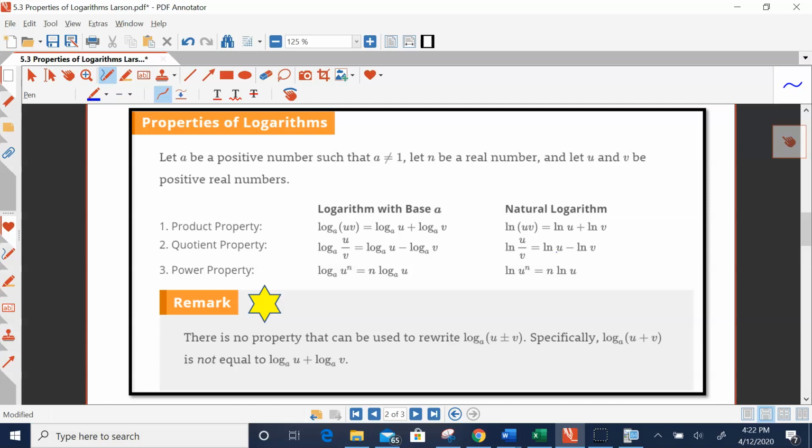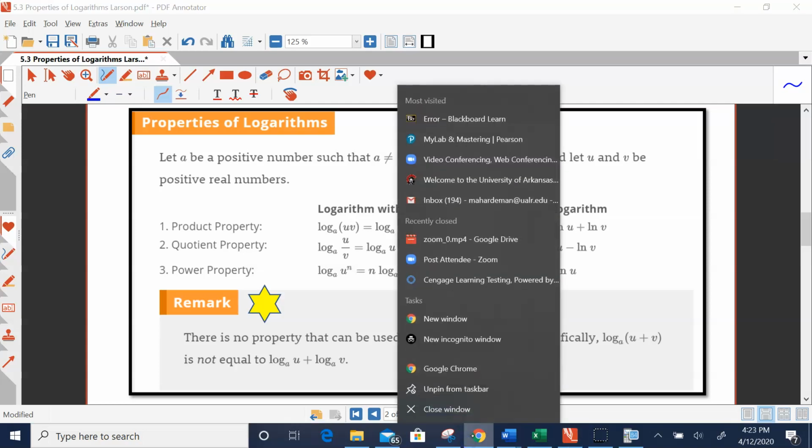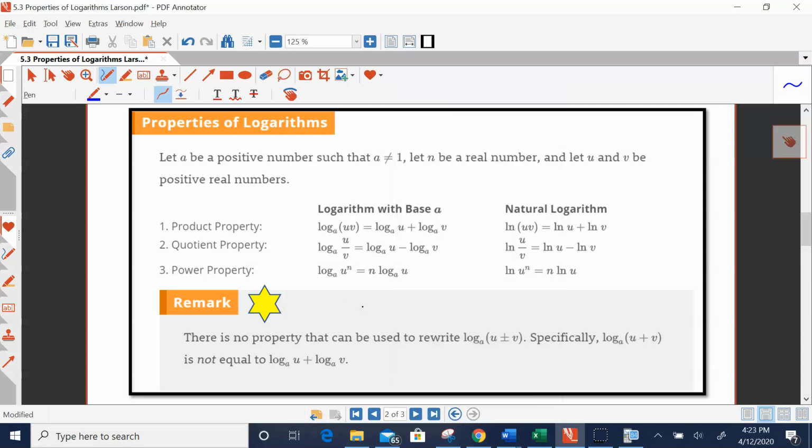And finally, if I have a power, if I have log base a of u to some power n, what I can do is drop that n in front, that exponent, and just call this n times log base a of u. And it's similar if I had an ln, I could drop that n in front, and call that n times ln u.